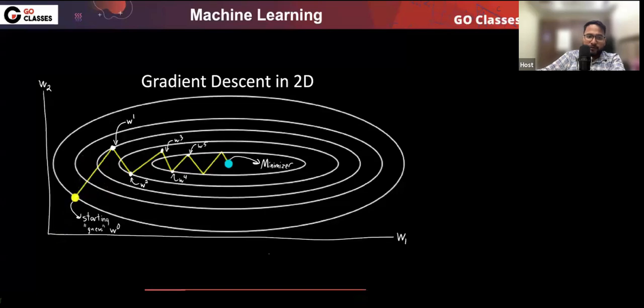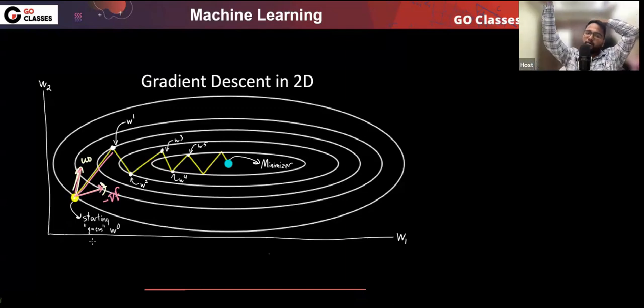Is this fine to everyone? What I'm trying to say is, let's suppose this is your W naught, this is your negative gradient. If you add these two vectors, then you will be going in this direction. Ideally, you will be going in the balance of these.